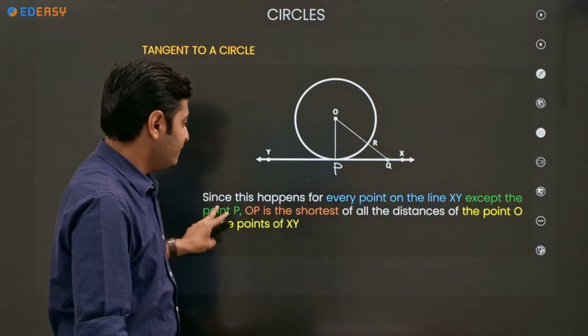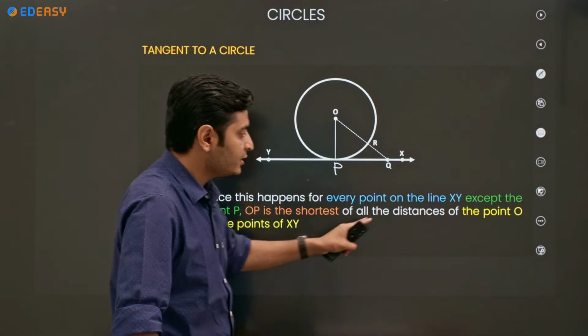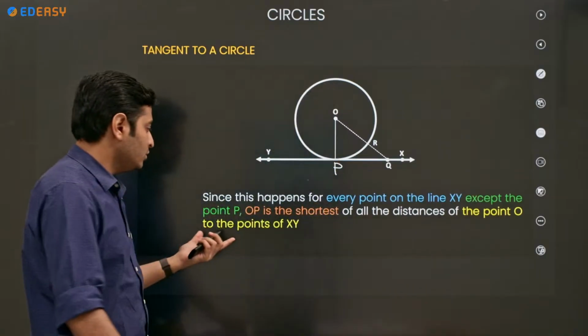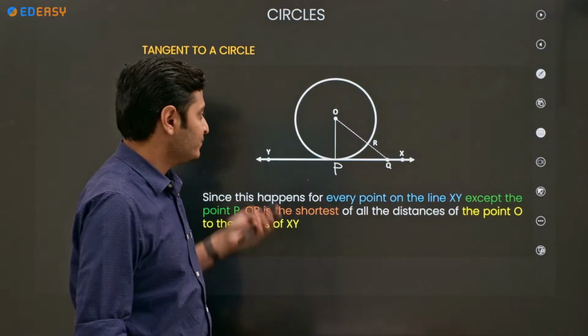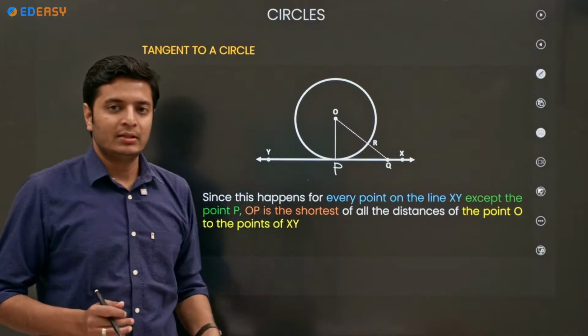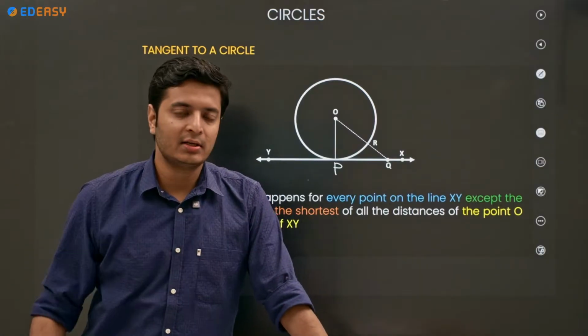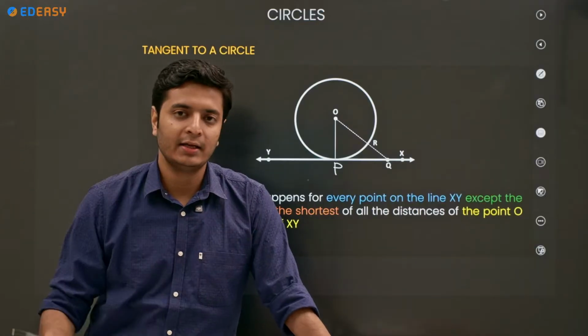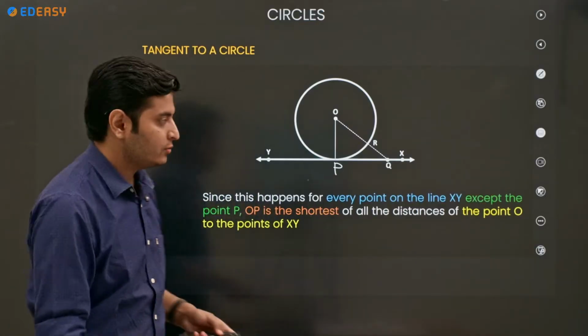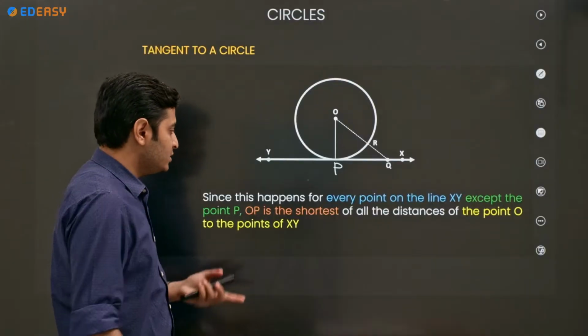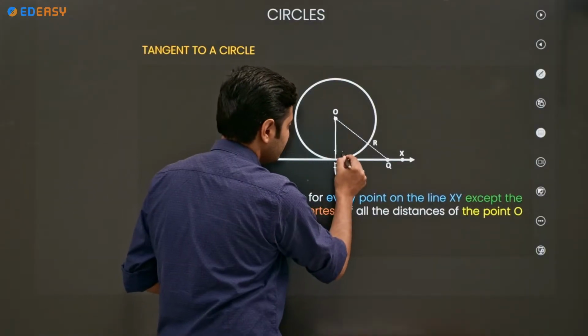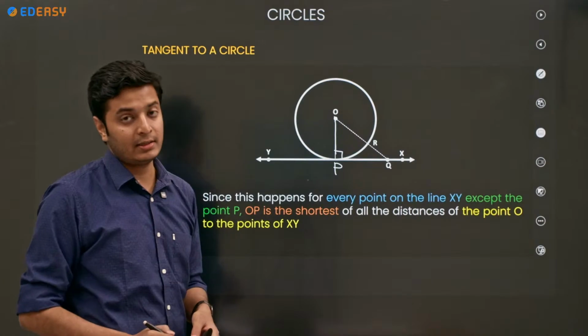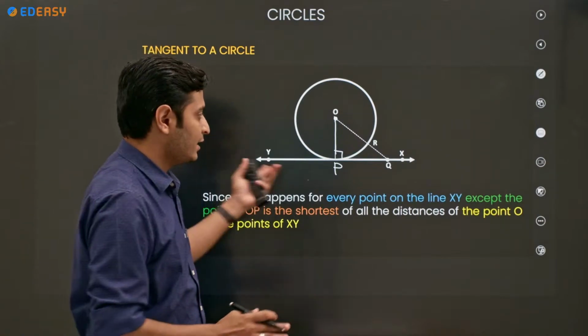Now, if OP is the shortest of all the distances from the point O to the points of XY, then as we know, the shortest line segment between a point and a line will always be perpendicular to that line, correct? So it means that OP is perpendicular to this line XY.